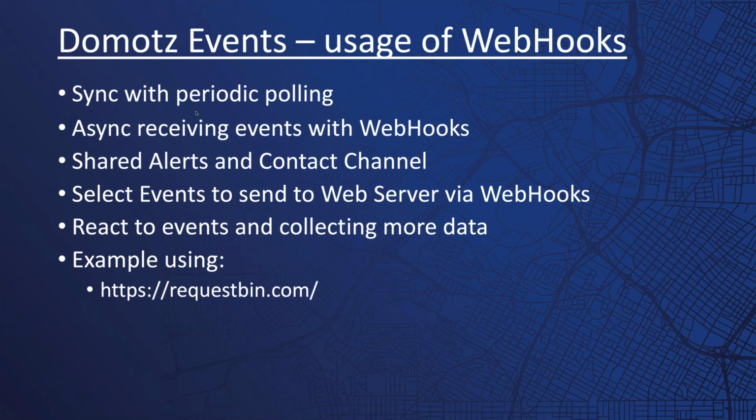You want to subscribe to events from Domotz, and you want to make sure that your web server is capable of receiving events from Domotz and managing and treating those events to keep a real-time status of agents or devices on your own portal.